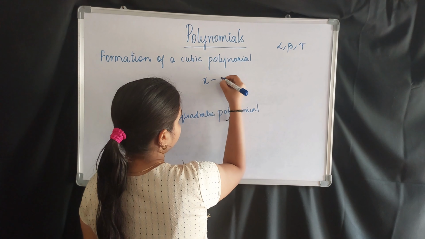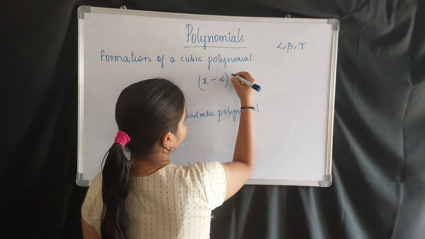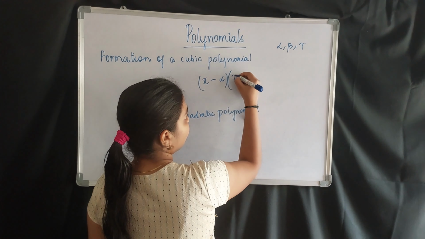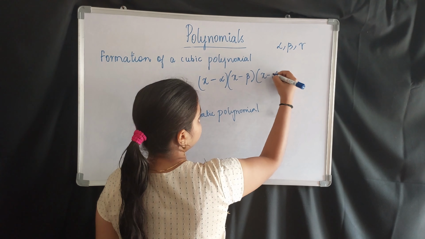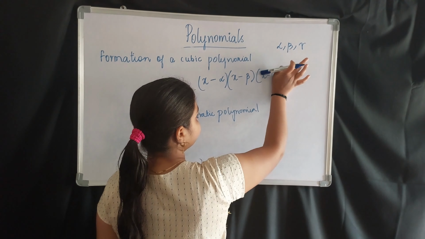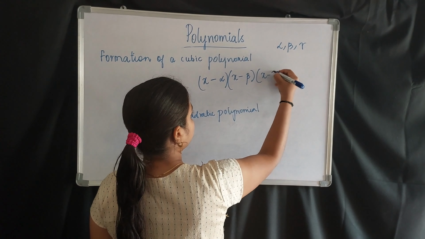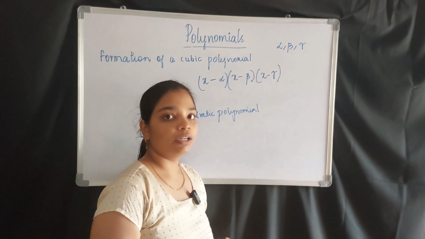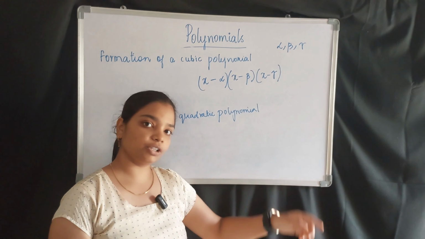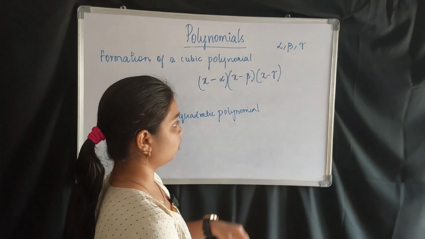It's pretty simple. Just do a into x minus alpha into x minus beta into x minus gamma. This should give you the equation for a cubic polynomial.